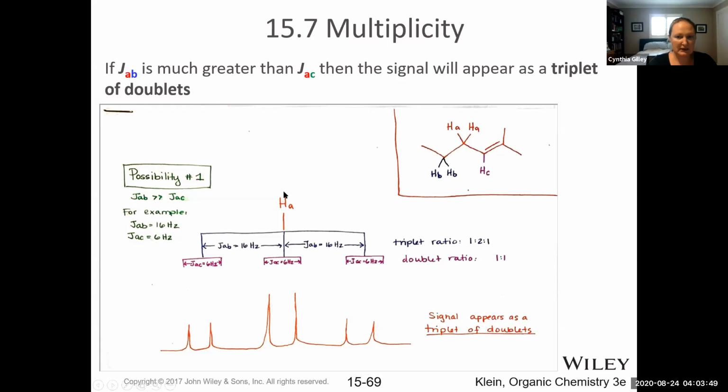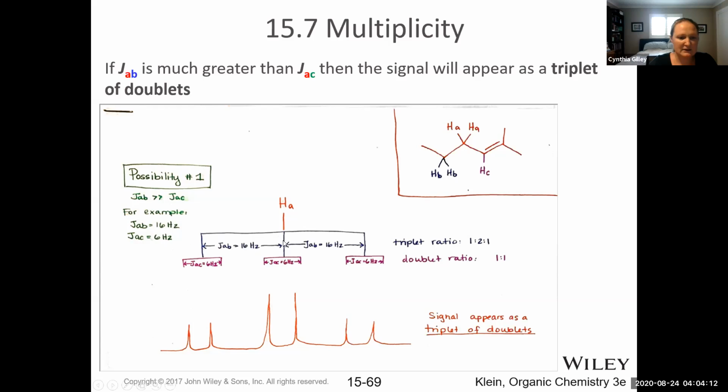And then I drew a splitting tree. I usually start with the largest coupling constant, so that would be JAB. Remember that there are 2 Bs, so this is splitting A into a triplet because there are 2 of these. So I split this signal into a triplet.